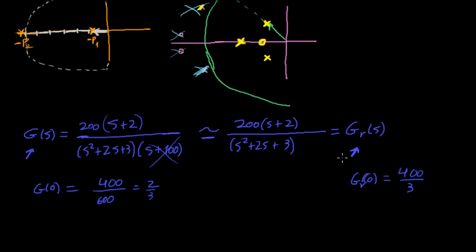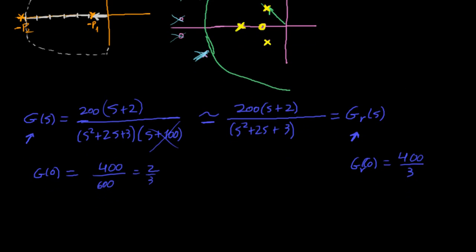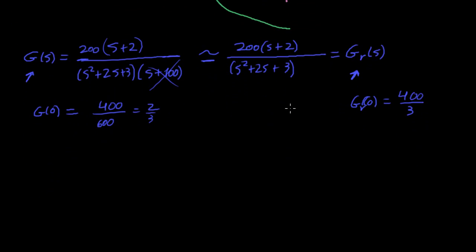So not only have we gotten rid of the pole, but we've also changed the gain of the system, and that's something which is not allowed by dominance. One of the requirements of reducing the order of a transfer function is to keep the same gain. So we must always check that this doesn't happen. And one way to do it is by always using the standard notation.